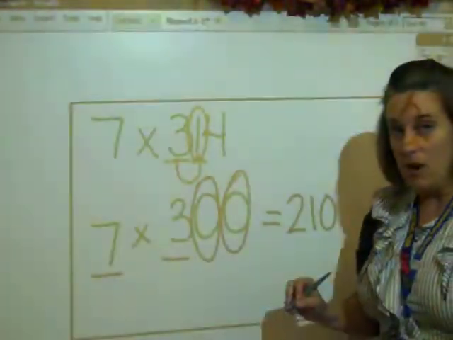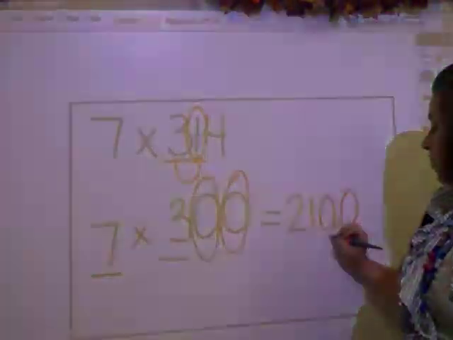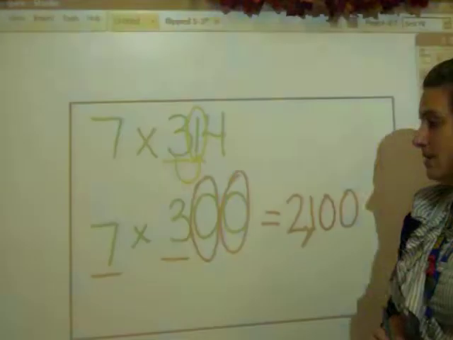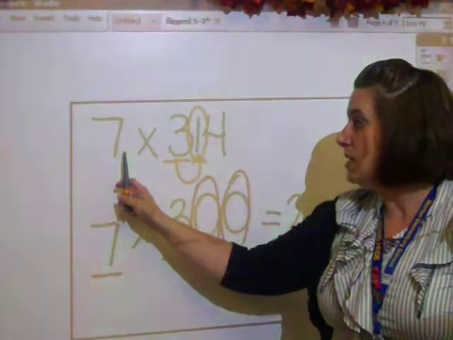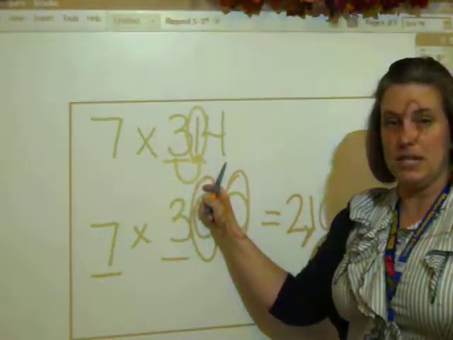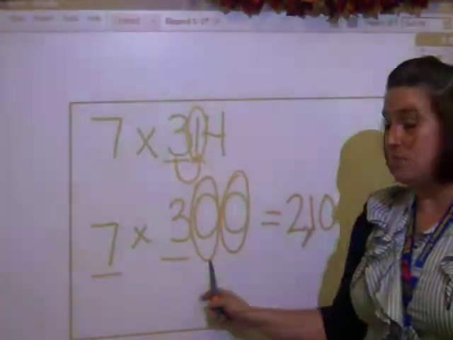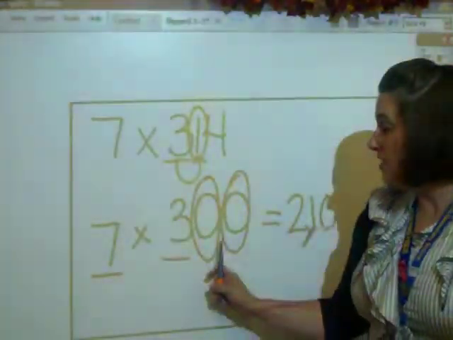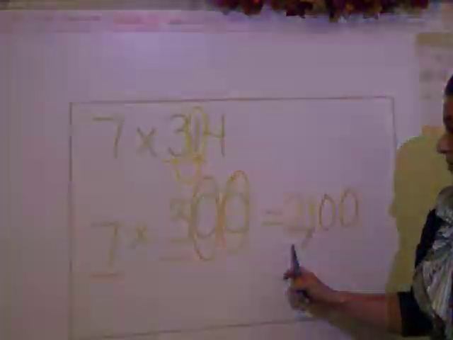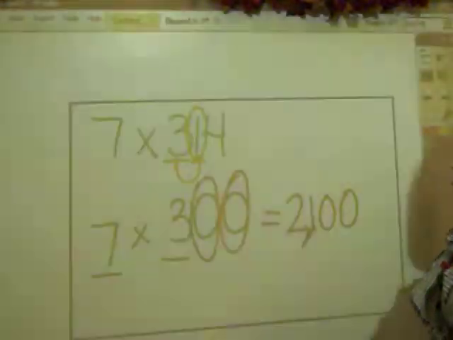Make sure you also separate your ones period from the thousands period. So 7 times 314 rounded to the nearest hundred becomes the number sentence 7 times 300. Then you find the product, 2,100.